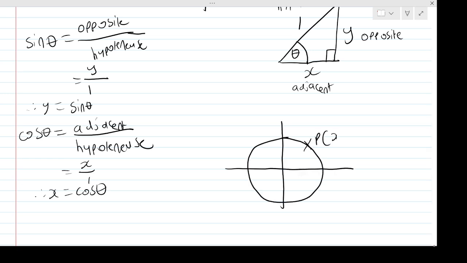Now P, we can say xy, but because x and y are cos and sine theta respectively, the x coordinate is now just cos theta, and the y is just sine theta. So it's cos theta along there, and sine theta vertically up there.